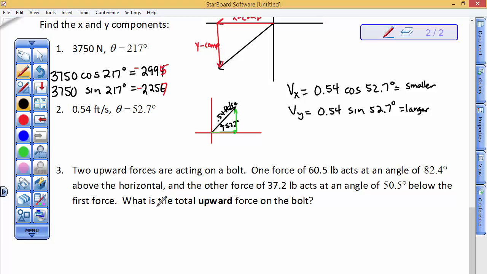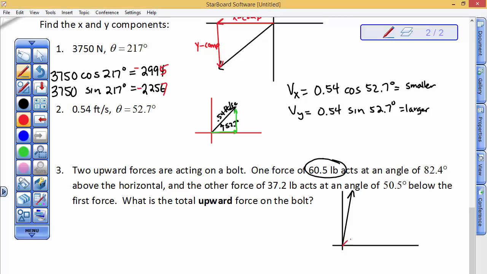It's all in the first quadrant, so I'm showing just the first quadrant. The first vector is at 82 degrees, so very close to the y-axis, which would be 90 degrees, and it's 60.5 pounds in length. So this one right here is the 60.5 pounds.